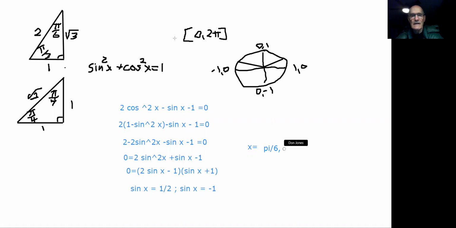So my second answer is 5 pi divided by 6, and that takes care of the 1/2. But now the sine x is minus 1. Once again, the sine is the y coordinate, so I would also have an answer of 3 pi divided by 2, which is here at the bottom of the circle.